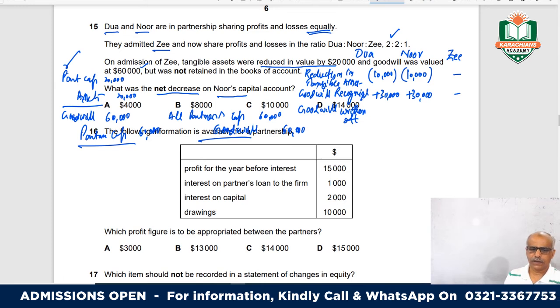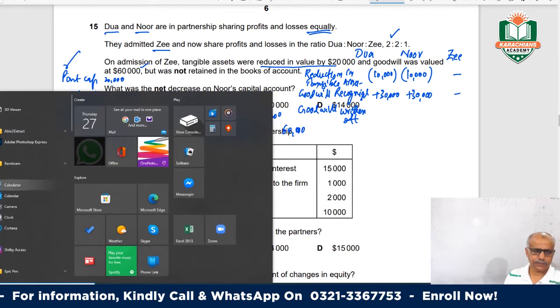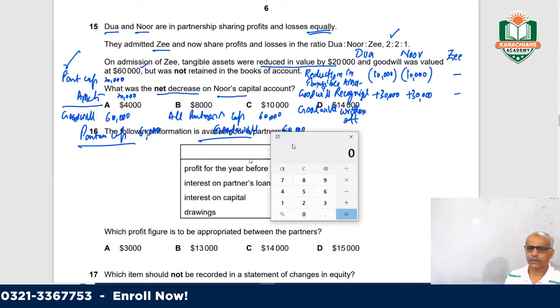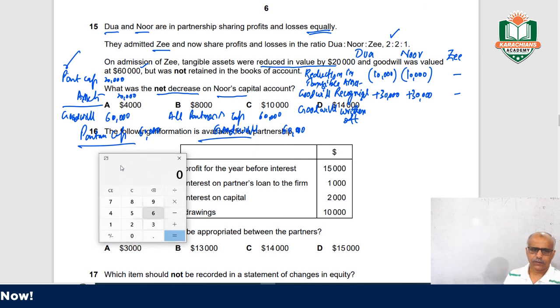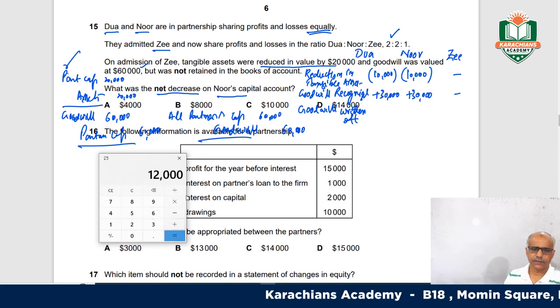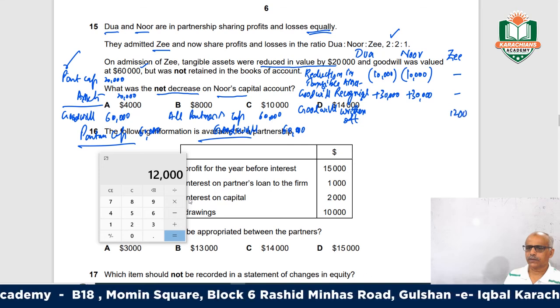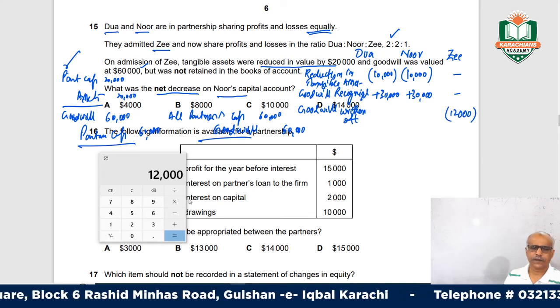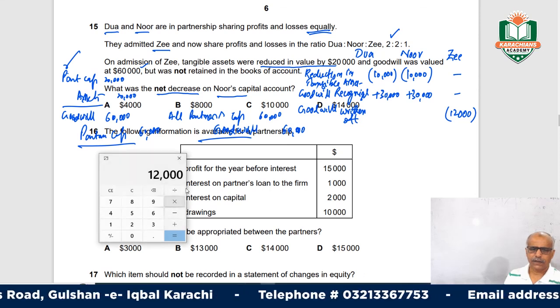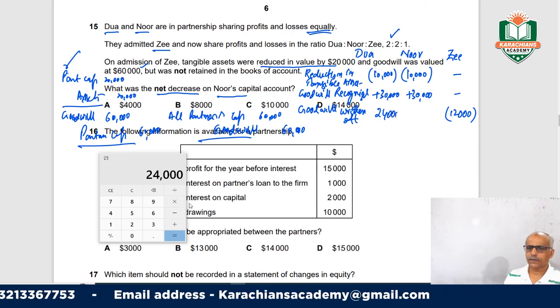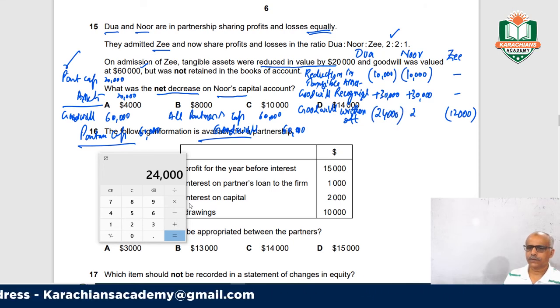Let me open up my calculator. 60,000 divided by 5 is 12,000. So 12,000 will be deducted from Z, and into 2, 24,000 will be deducted from him, and 24,000 will be deducted from the other.